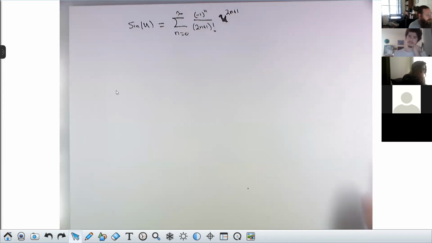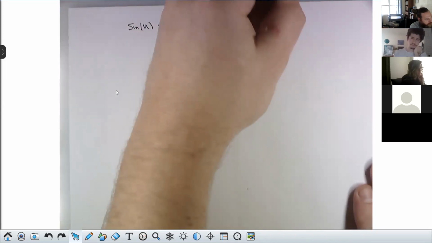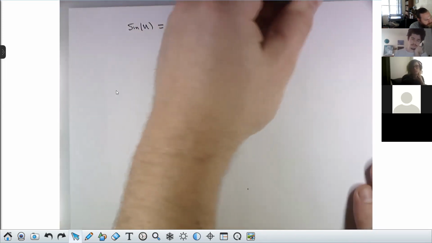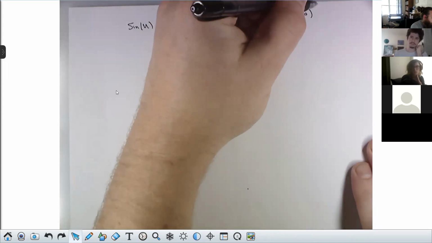And the interval of convergence here, I'll let you do it, is again negative infinity to infinity. You run the ratio test. You've got to do the ratio test here to get this. But that's your next must-remember-forever power series.